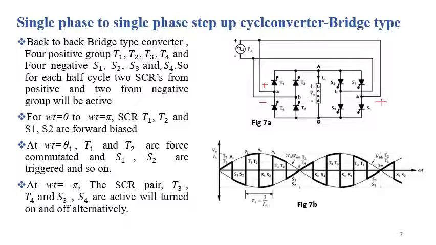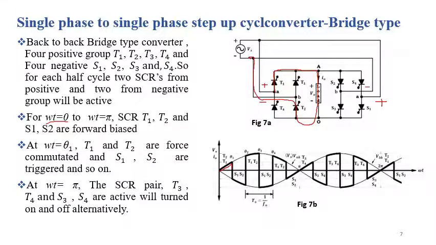So at omega t equal to 0, the SCRs T1 and T2 are triggered, and these start conducting, and the current through the load will follow this path and go back to the source, and we have the output voltage like this.